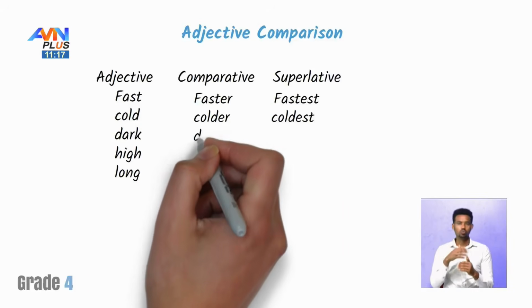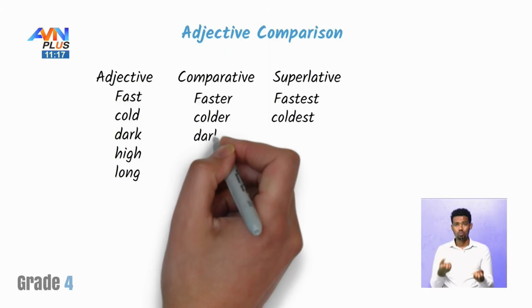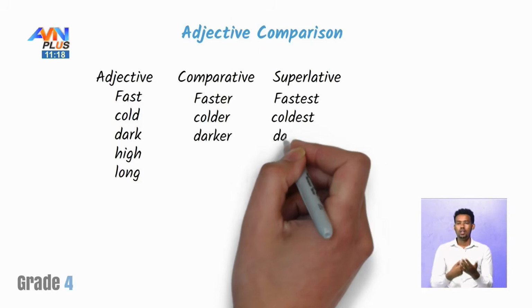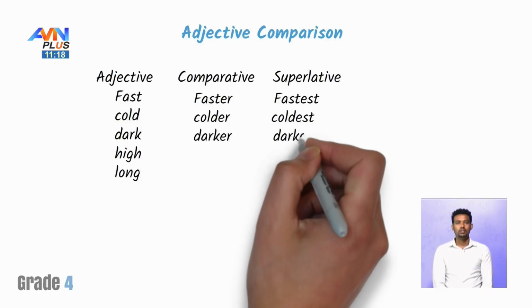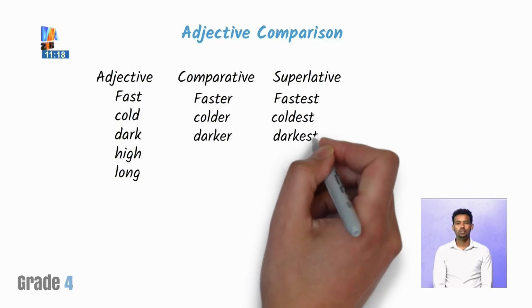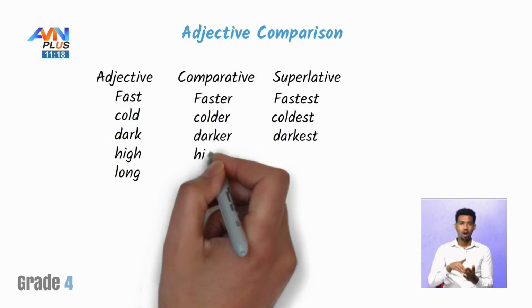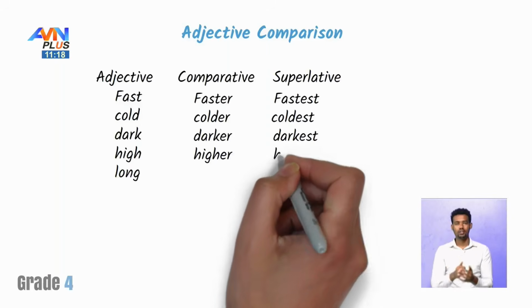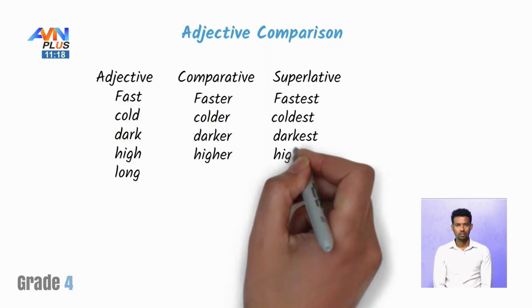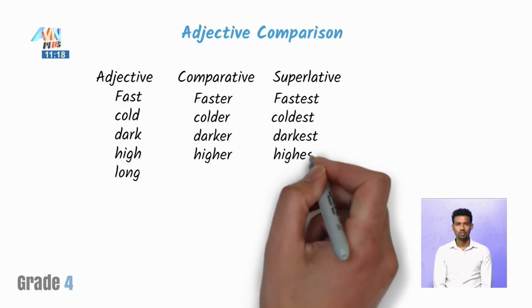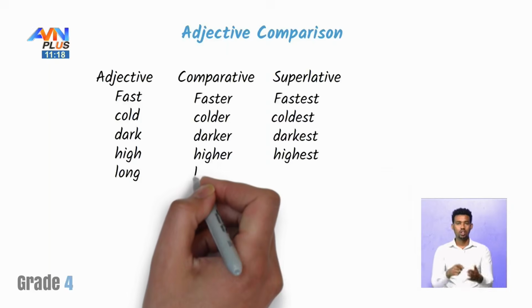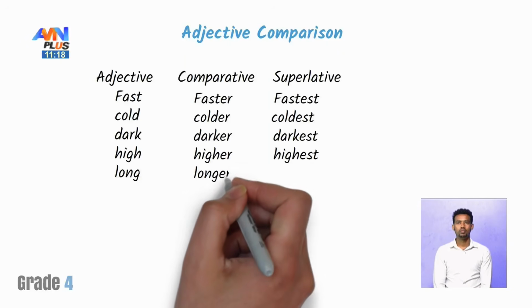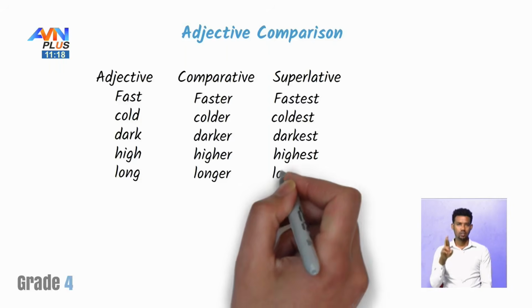Here is dark, darker, darkest. Here is high, higher, highest. Here is long, longer, longest.